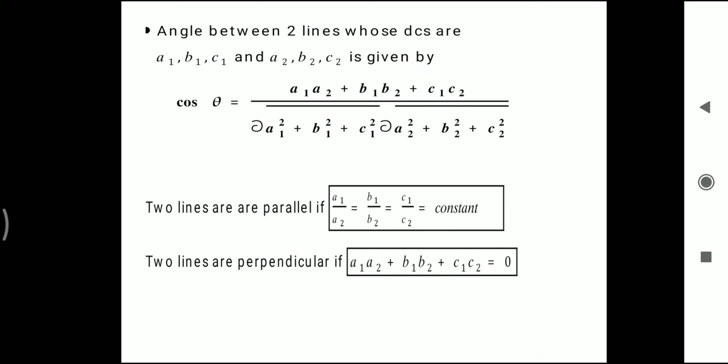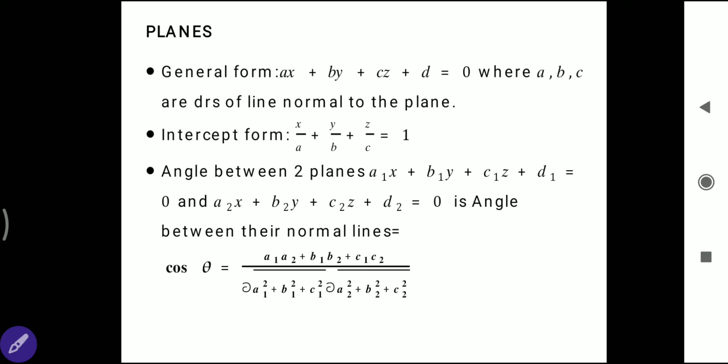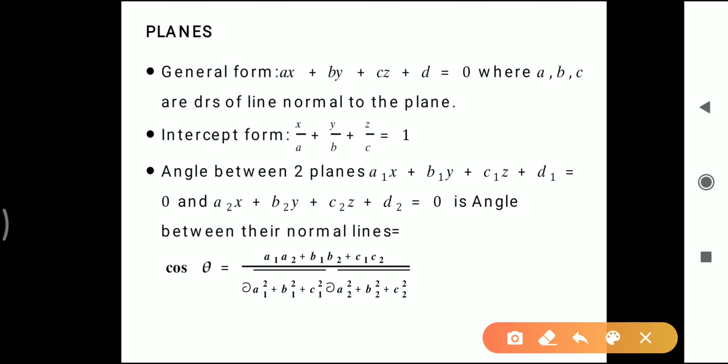perpendicularity of two lines. Then this is a very important thing, planes. The general equation of the plane is given by ax plus by plus cz plus d is equal to 0, where a, b, c are the DRs of the normal to the plane.